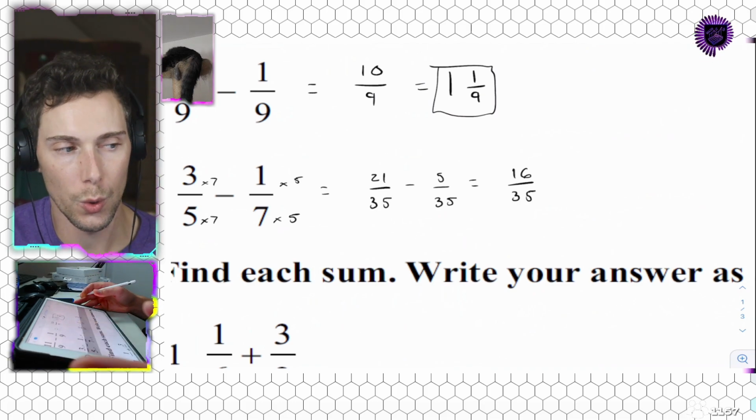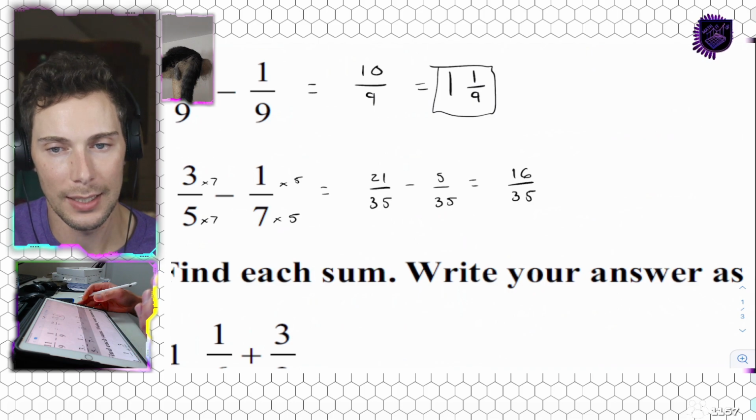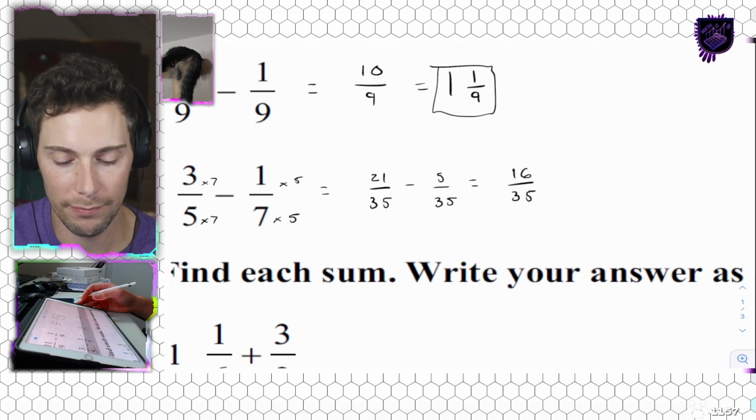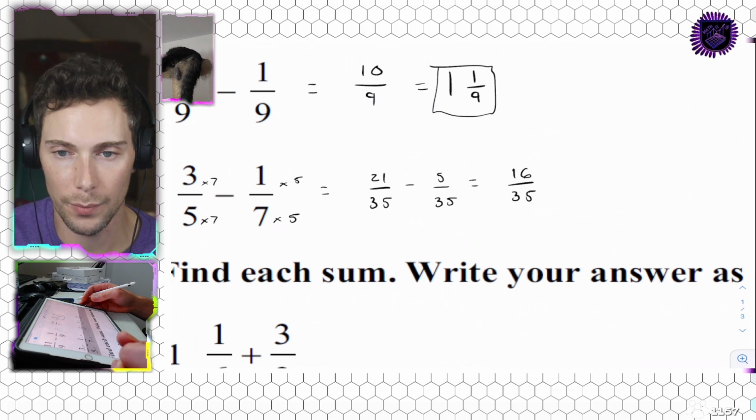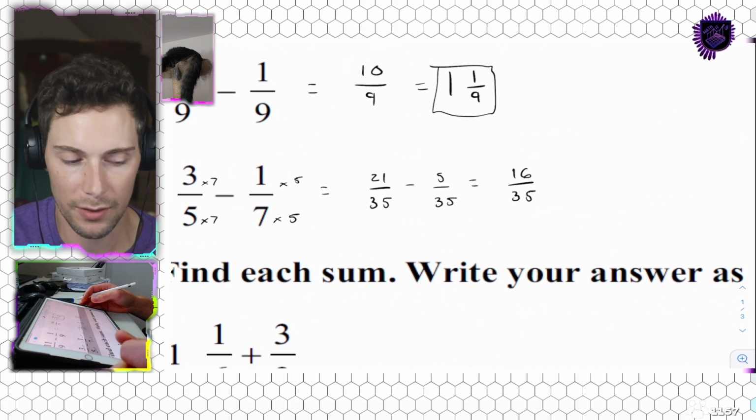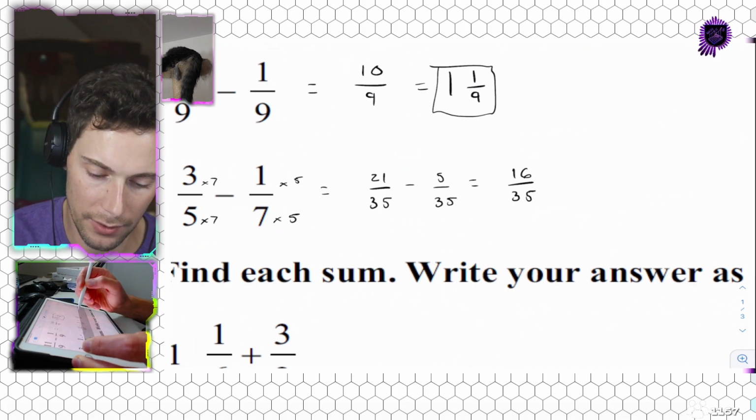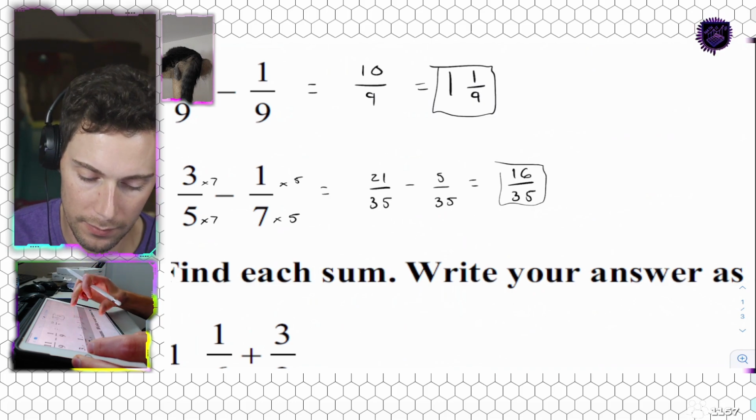And then we want to know, can we simplify that? 16 and 35. No, they don't have a common factor. That is our answer.